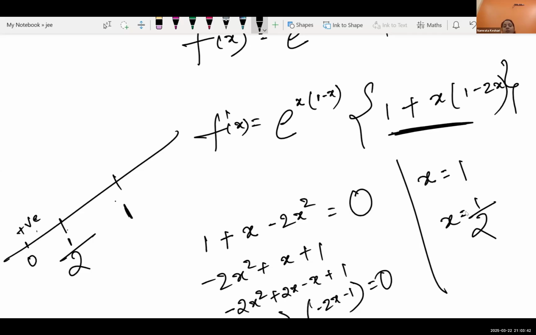Between 1 by 2 to 1, if we take any number in between, suppose 1 by 2 means 0.5 and we take 0.8, we don't have to do the whole calculation, we just have to get an idea. So here we'll be having 1 minus 0.8 into 2, which will be 1.6.